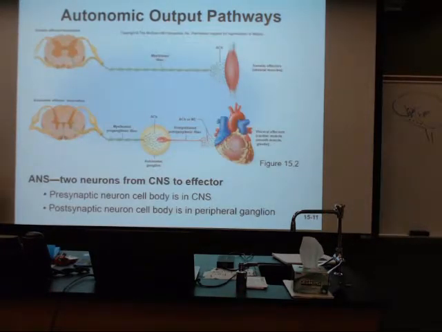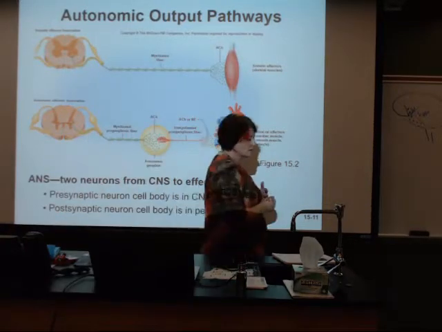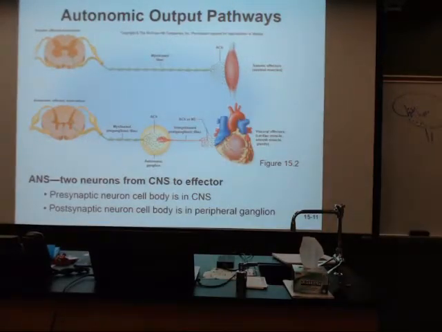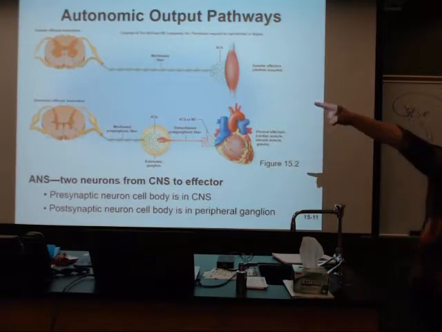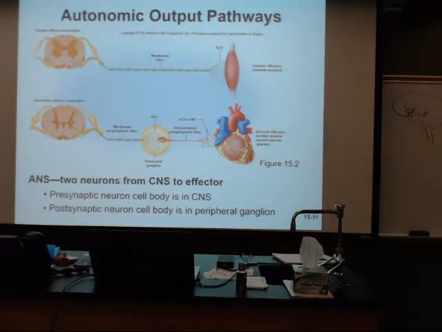Now, this is the difference from what we see in the somatic pathway, very simple. Just bada bing, bada boom, to skeletal muscle, we're done. The autonomic pathway, the part that I tried to show you running along the side with the bump, was the ganglion.